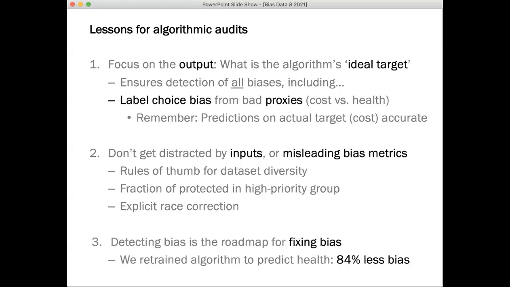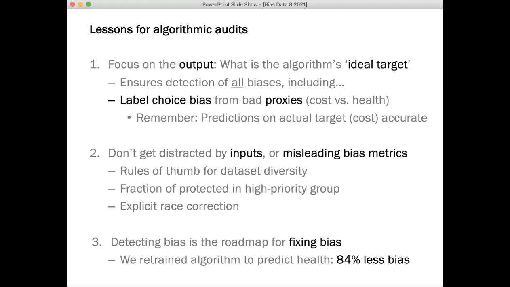The last thing I'll say on a more optimistic note is that once you detect the bias, you can actually fix it. So when we first got these results, we got in touch with the company that makes this algorithm, and we alerted them to the problem. And we worked with their technical teams to actually fix the problem. We retrained the algorithm to predict a basket of measures related to patients' chronic illnesses, not their costs.